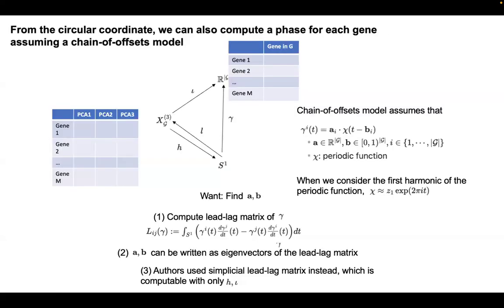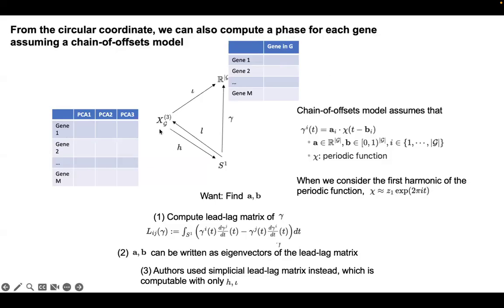So far we get circular coordinates. Firstly, we must fix a collection of genes we are interested in, so we expect circular biological phenomena in those kinds of cells.